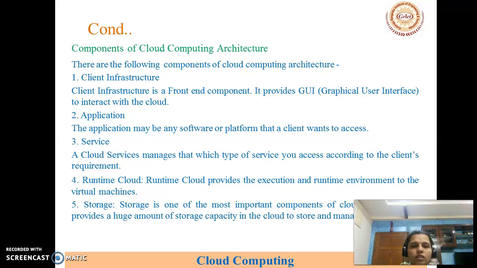Okay, next one is the service. A cloud service manages which type of service you access according to the client's requirement. Whatever the client needs, that service is provided by the cloud, whether it is software as a service, platform as a service, or infrastructure as a service, and that will be available at the backend. The next one is the runtime cloud.